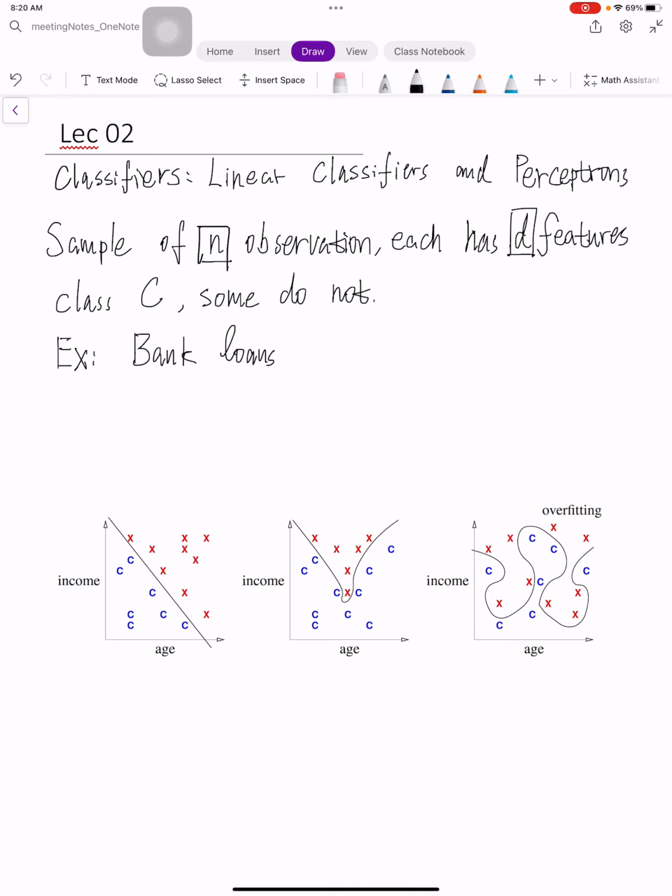In the following example, we consider two features only, so d equals 2. One feature is age, and another feature is income.